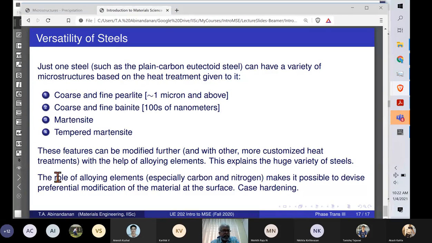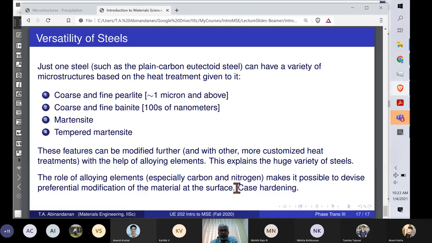There is one other thing that I want to mention, and I will send you appropriate links for videos on how these things are done. The role of alloying elements also makes it possible to devise preferential modification of the material at the surface. And here we are producing a material with a mild steel, and then you are preferentially introducing carbon at the surface, and that allows for a material which is hard at the surface and relatively ductile and tough at the core.